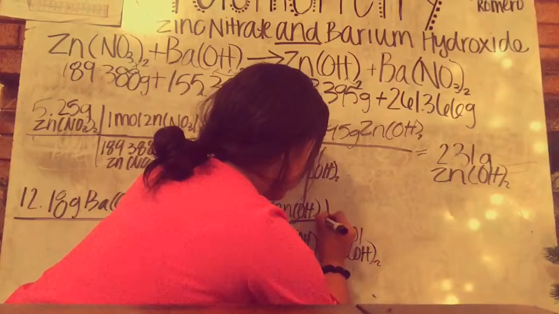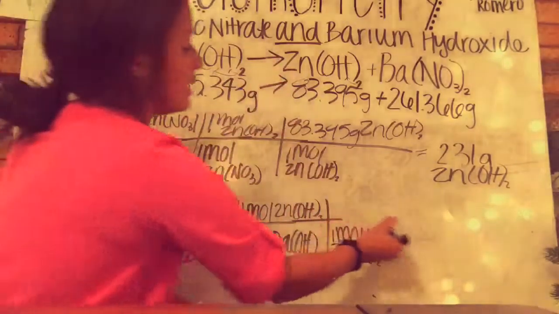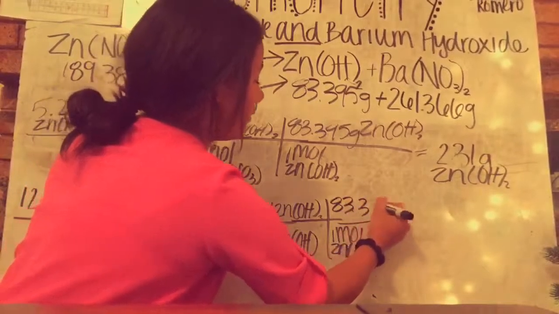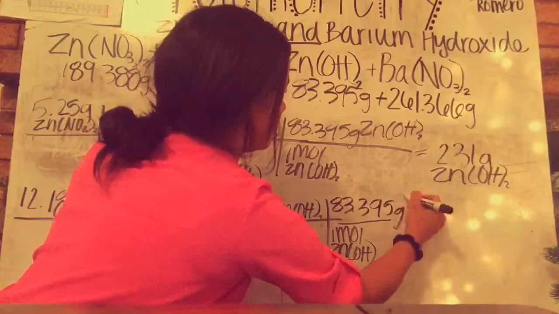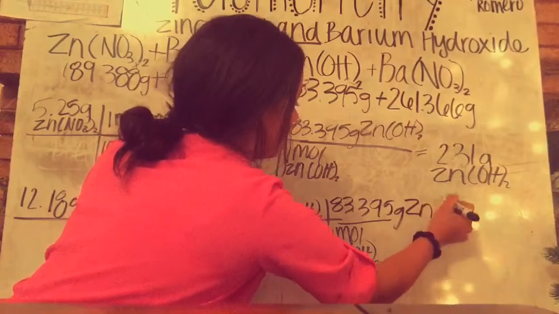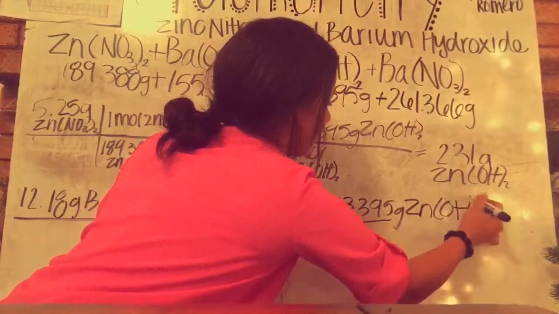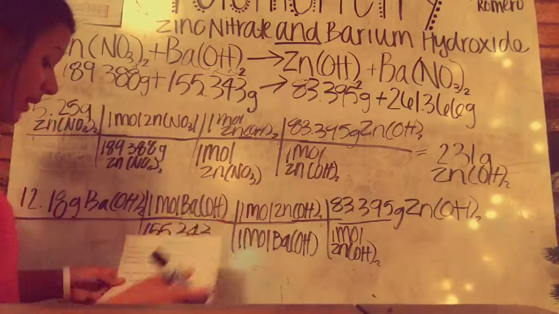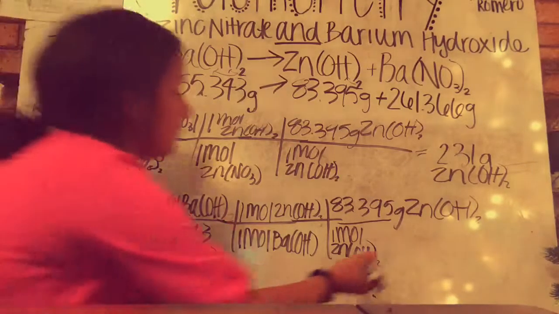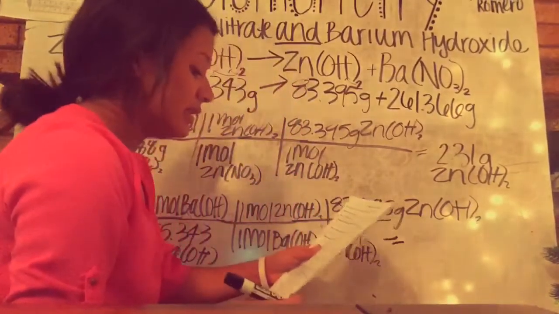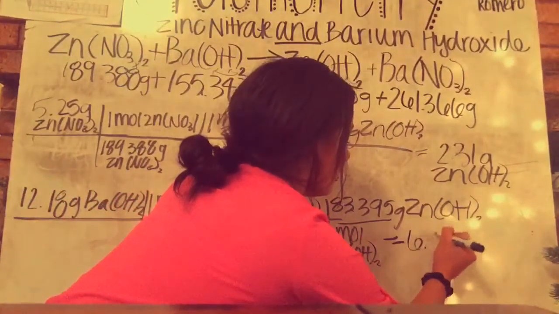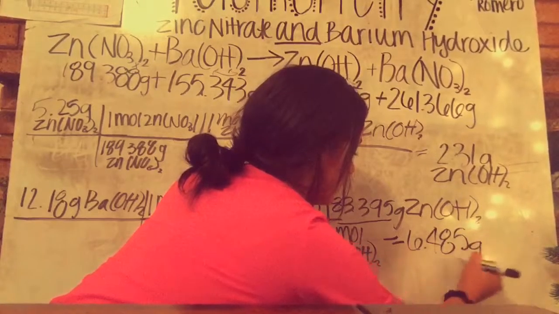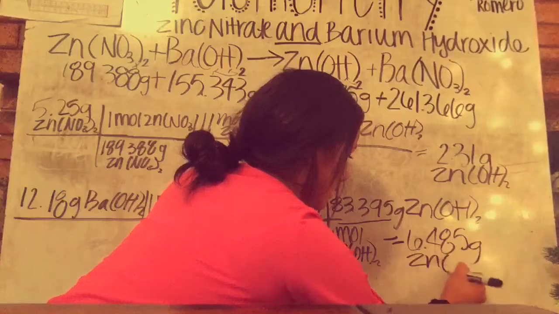And our molar mass of zinc hydroxide is going to be 83.395 grams of zinc hydroxide. And again, we are going to multiply across the top and divide by the bottom. And what you are going to get is 6.485 grams of zinc hydroxide.